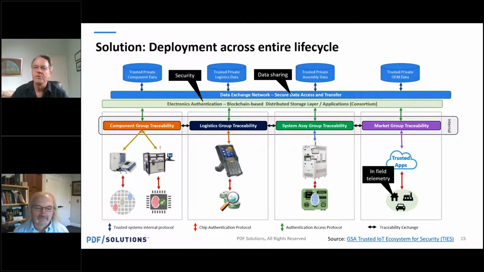This slide, by the way, is courtesy of the GSA TIES system, which is the Global Semiconductor Alliance Trusted IoT Ecosystem for Security. PDF is participating with GSA TIES, and GSA TIES is participating with a number of other players in the industry, and also with standards bodies such as SEMI, IPC, and ISO.